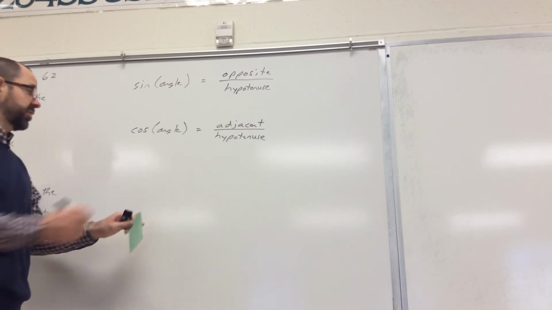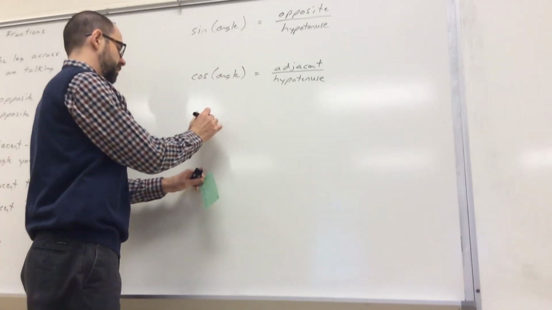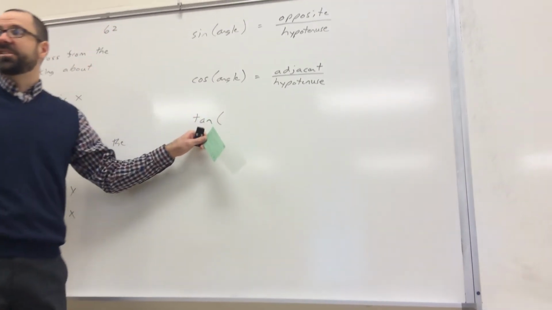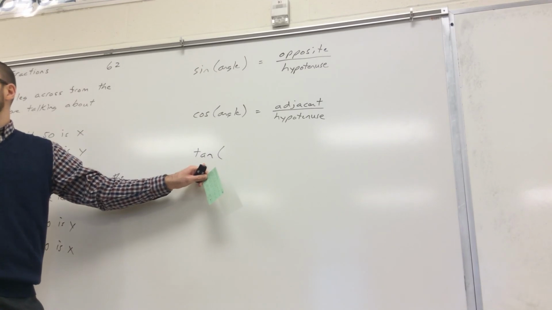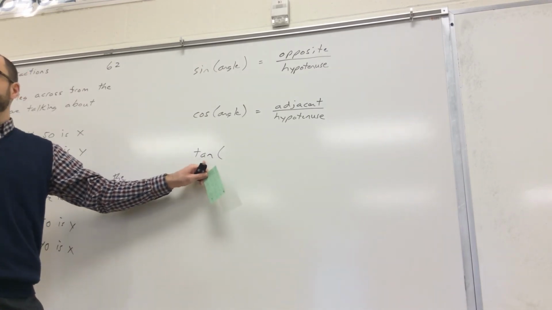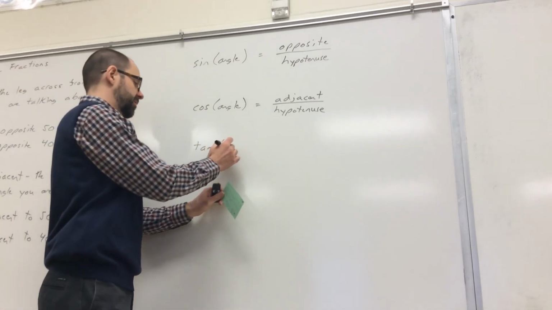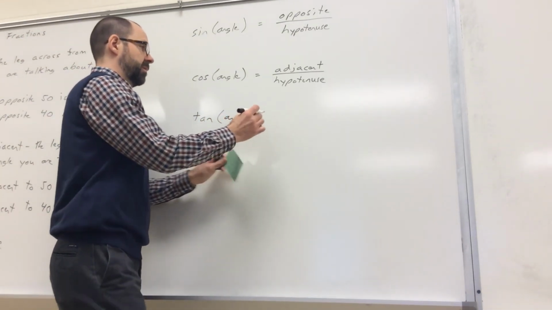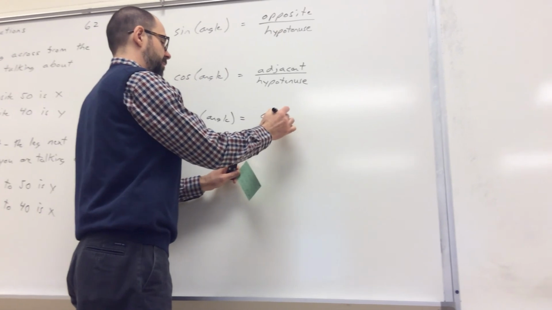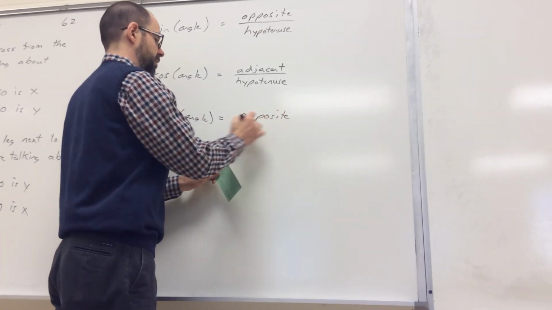And then the last fraction is tangent. It's spelled T-A-N-G-E-N-T, but we abbreviate it TAN. And the tangent of the angle is opposite over adjacent.